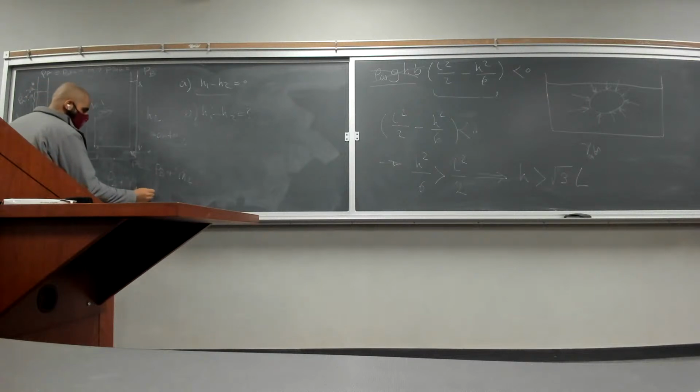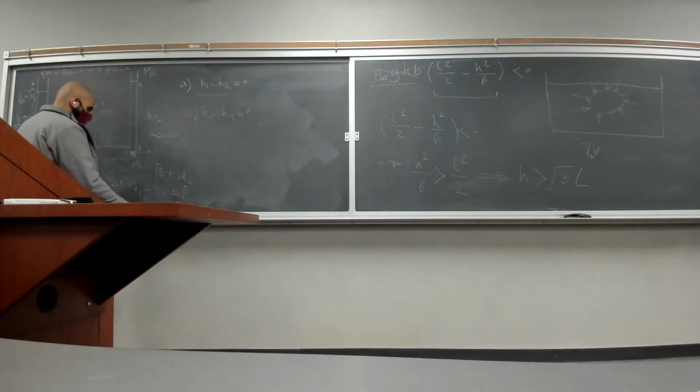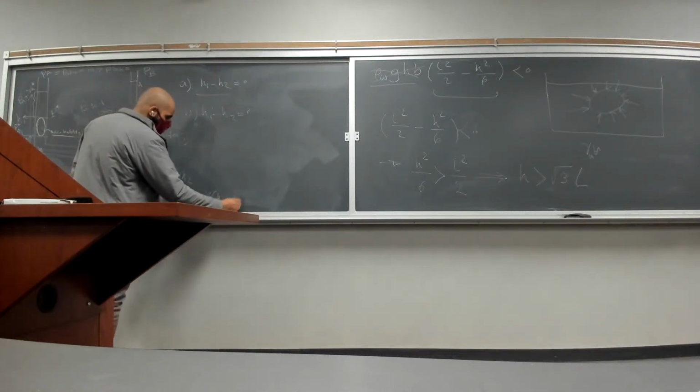So we need to include that as well. Let's call that gamma H your buoyancy pressure, right? Not the buoyancy force, but the force divided by the cross-sectional area, which is the unit area. So your P1 is going to be equal to PA plus gamma H1 minus H.